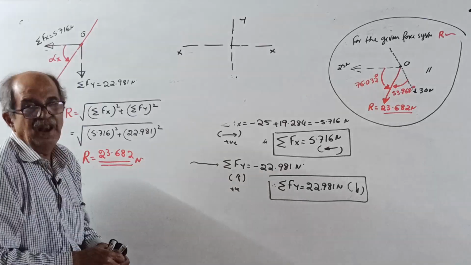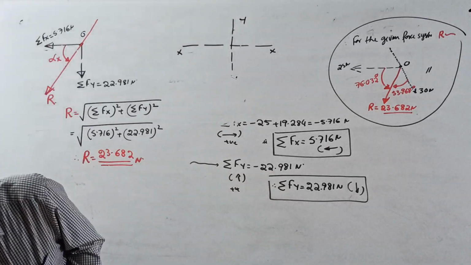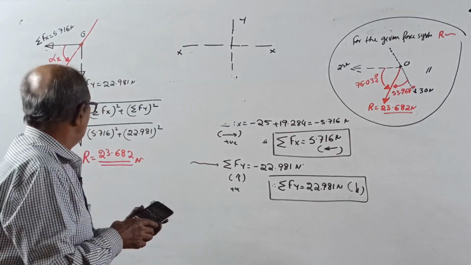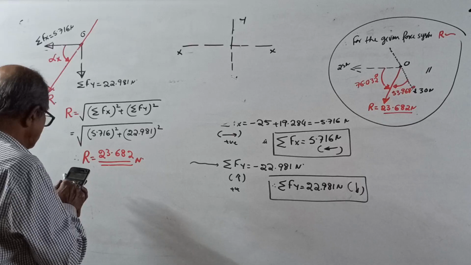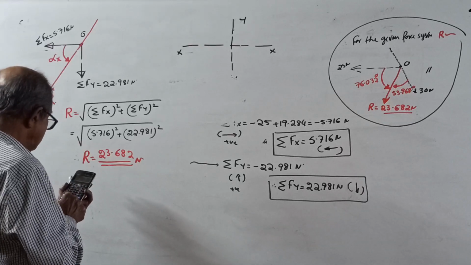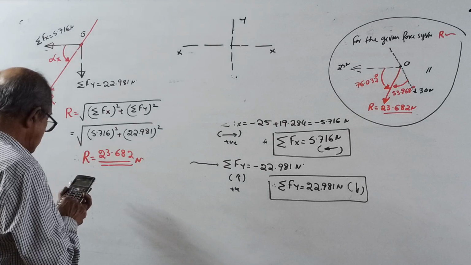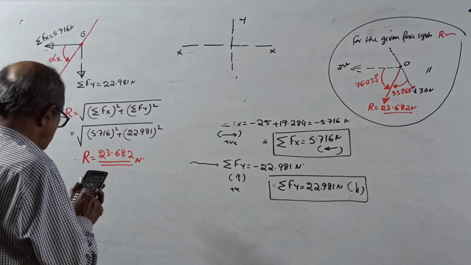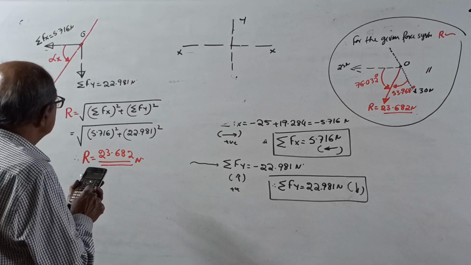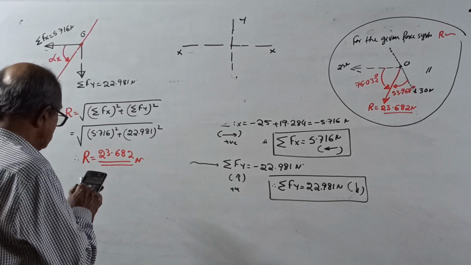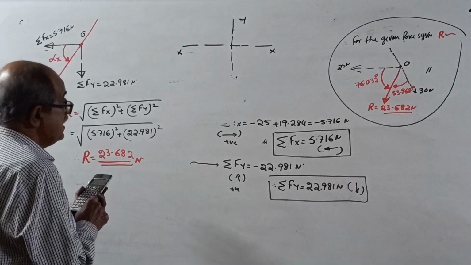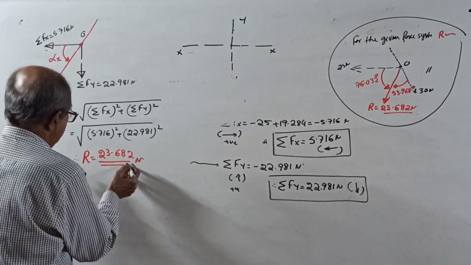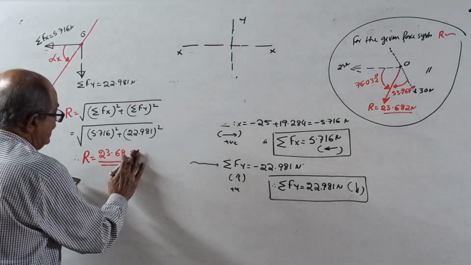Okay, still for your satisfaction, I will calculate. If the answer is not coming, I am going to break this calculator now. 5.716 square plus 23.682 square equal to root answer, 24 point, coming one minute. 5.716 square plus 22.981 square equal to root answer, 23 point, typing mistake. 23.681. 681 is coming.